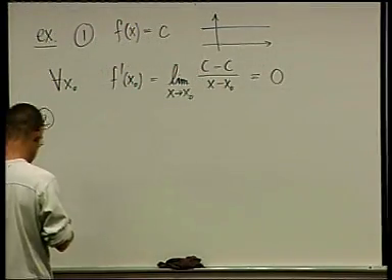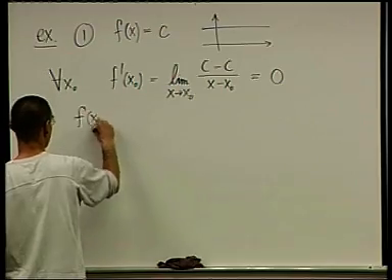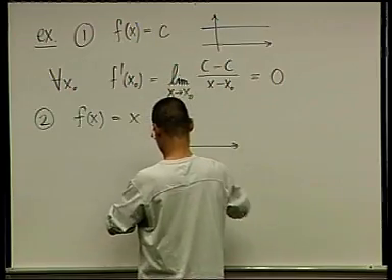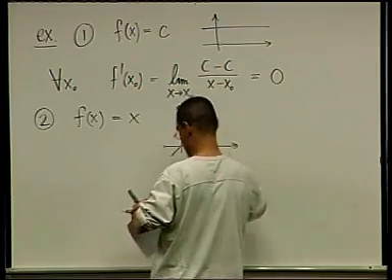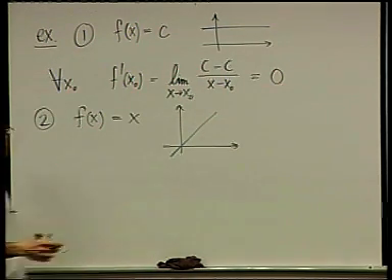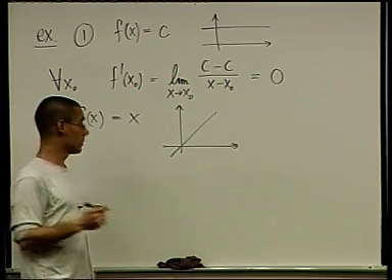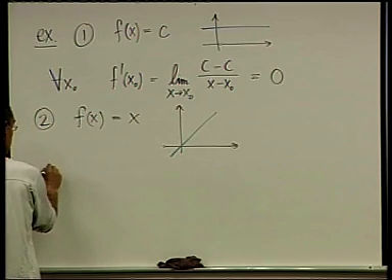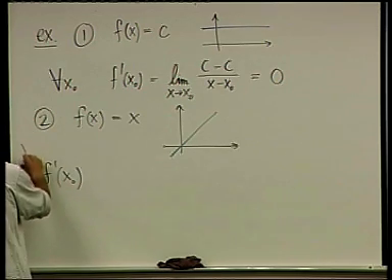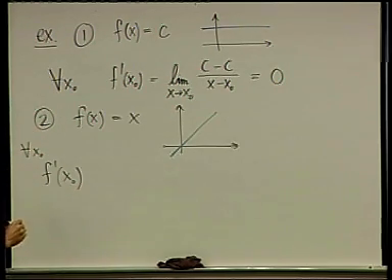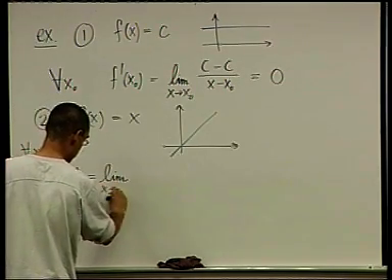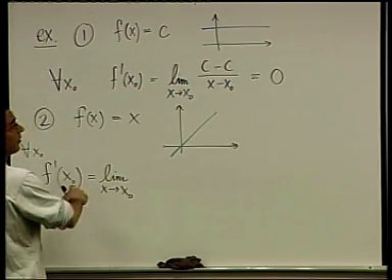Example number 2. Let's take the second easiest thing one can think of. f of x equals x. What's the slope of this function? Again, at every point. What's the slope? 1. So let's see how that happens. So f prime of x0, at any x0, again, this calculation is going to hold for any x0, is what? Is the limit as x approaches x0 of f of x.